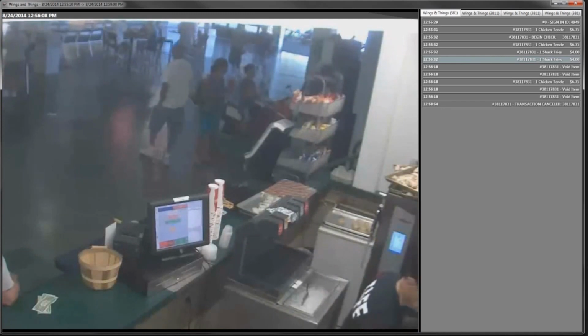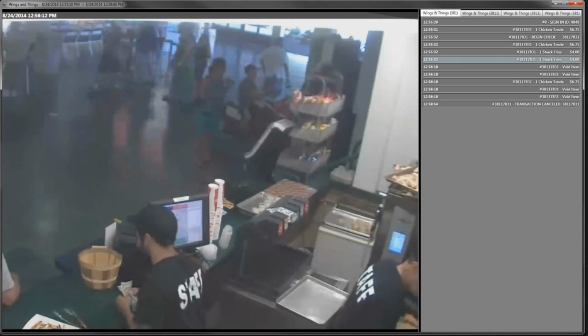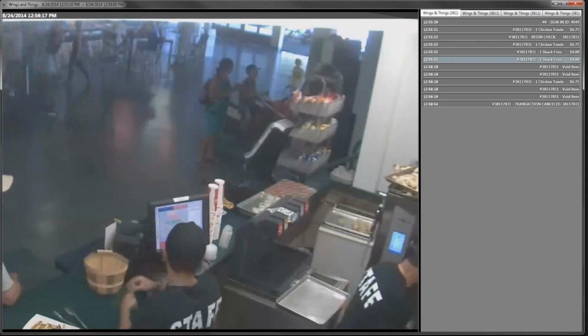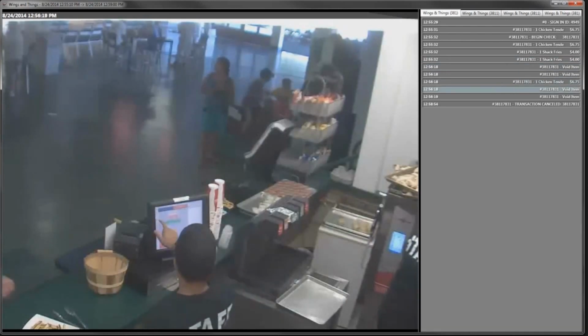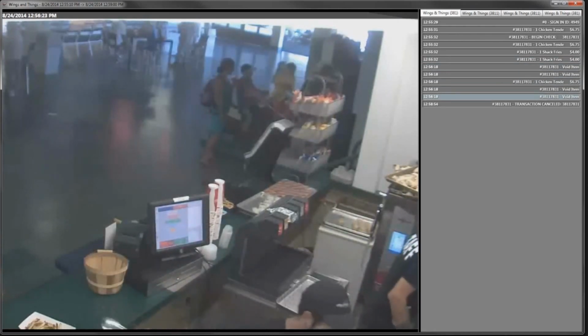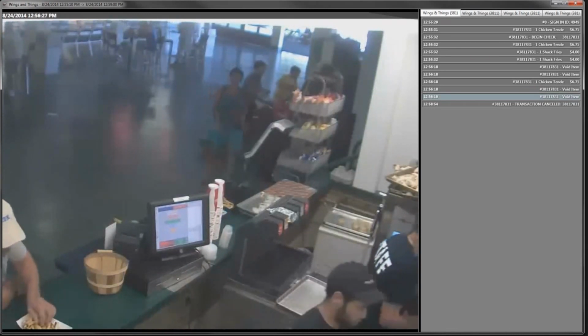So the employee doesn't really have any concern that the customer is going to see what he's up to. And keep in mind, just because this is an amusement park, the same thing's going to happen at a nightclub or a bar. The customer is going to be more interested in everything that's going on around them versus what the cashier is actually doing.